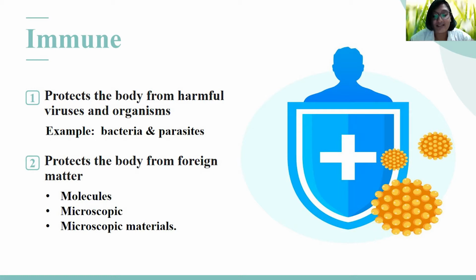This helps to resist infections, toxins, and any foreign particles, bacteria, parasites from outside to the internal body, right? It protects the body from foreign materials and matter, which is molecular, micromolecular or microscopic structure.